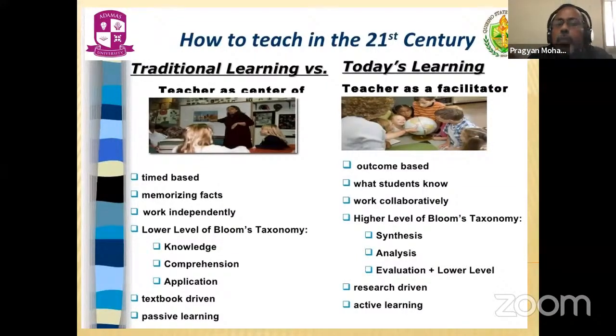So if I compare point-wise exactly what the features of teaching are in the traditional learning process and what the features are in today's 21st century learning process, first we have the traditional learning, that was introduced for the 19th or 20th century curriculum framework.